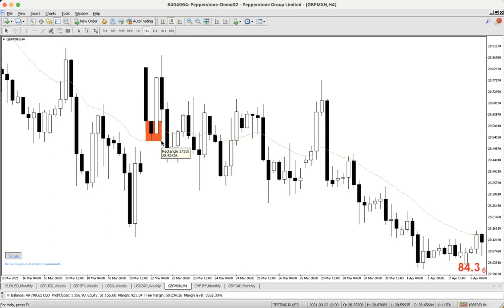Look, when the market went down, it broke that zone and went to test the bottom zone here, this one. Same thing here, the market closed here.